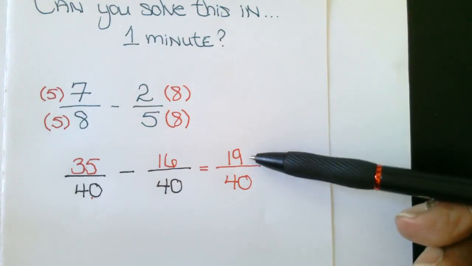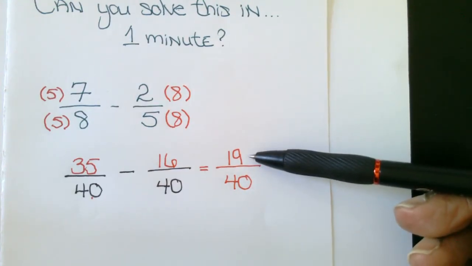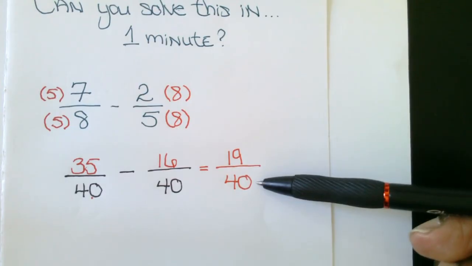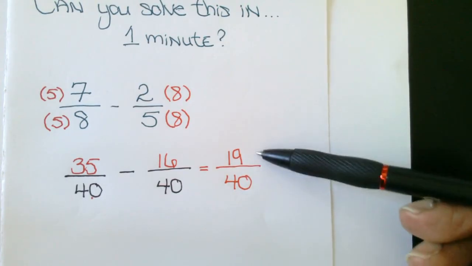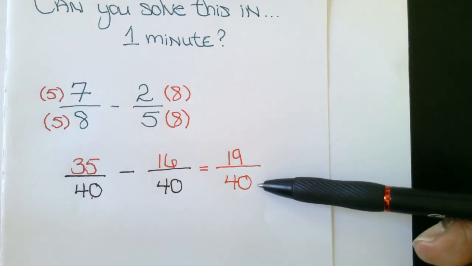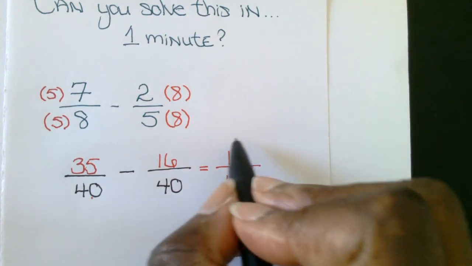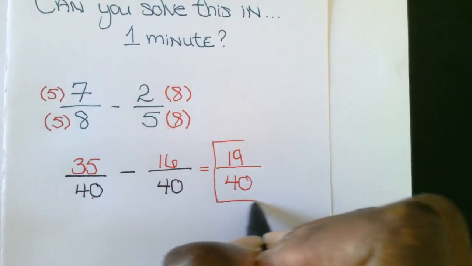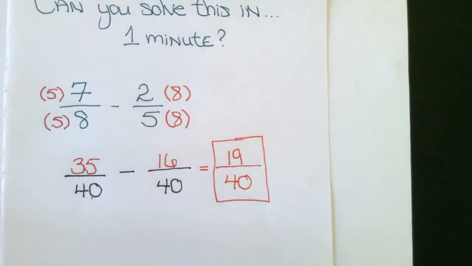Well, if I look at 19, which is a prime number, and 40, which is even, the only number that they have in common is 1. Right? So, if you try to divide anything by 1, it's just going to give you your original answer. Okay? So, no, it's not going to be 2/5. Okay? Alright? So, 19 is a prime number.